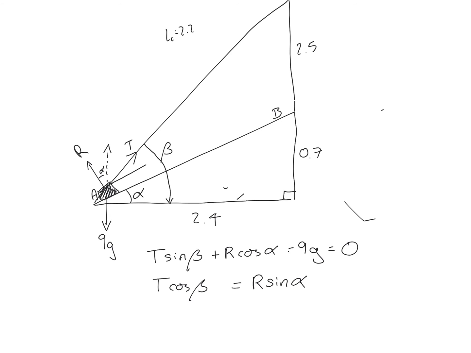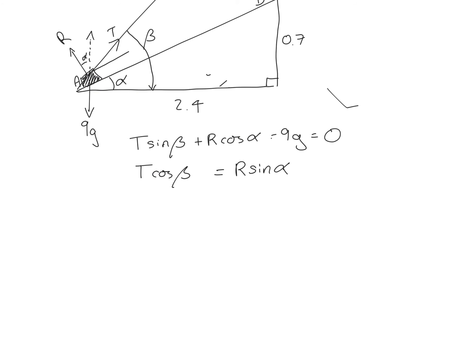Okay, so R, let's put it in there. So we've got a formula here. T brackets sine beta plus R, which is T cos beta over sine alpha, times cos alpha, and that equals 9g.